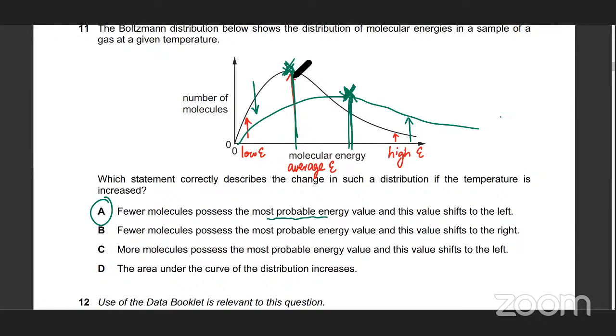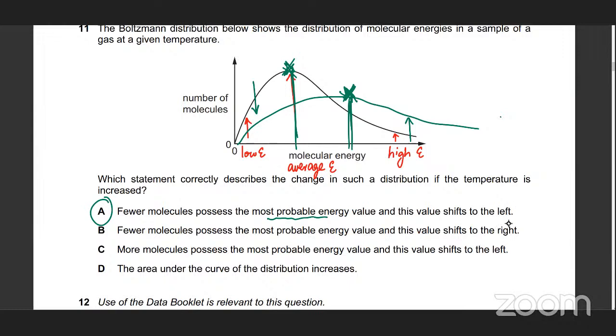This energy had the maximum number of particles. But now the most probable energy value is over here. So why do we call it the most probable? Because most of the particles have this energy, right? So this value shifts to the left.